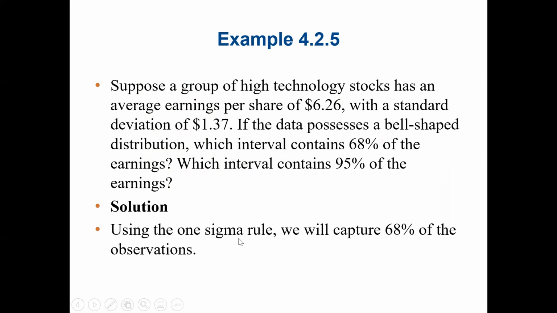So using the 1 sigma rule, we will capture 68% of the observations because the standard deviation is 1.37. So 1 times 1.37 gives me 1.37. So 68% will be within one standard deviation. So it will be 6.27 plus or minus 1.36.